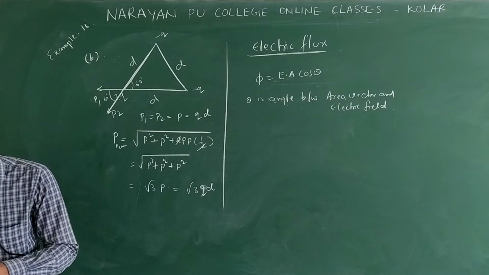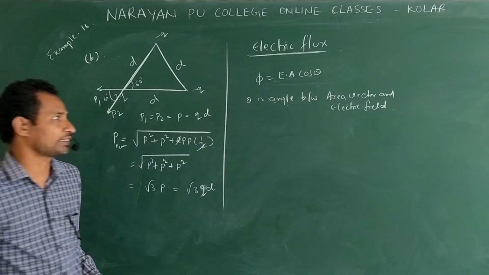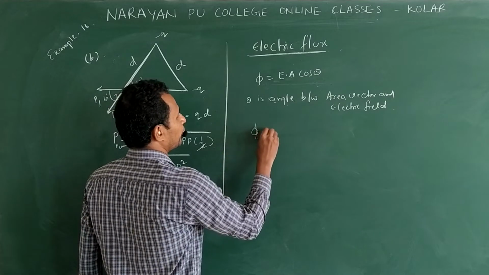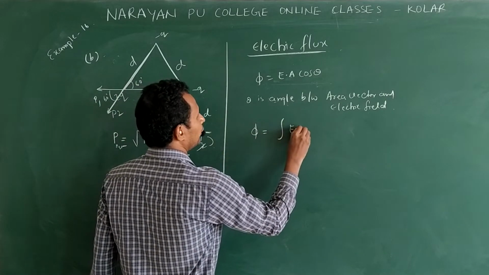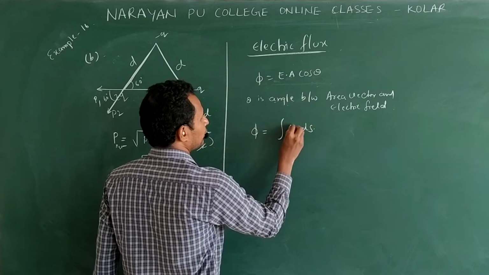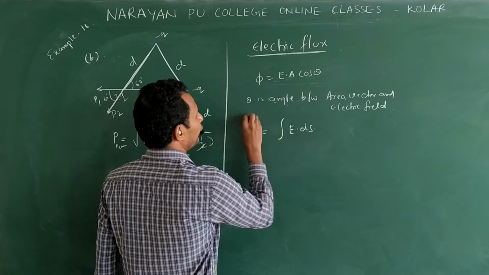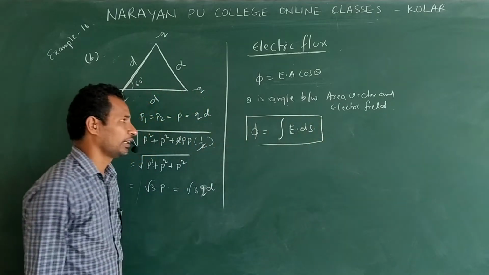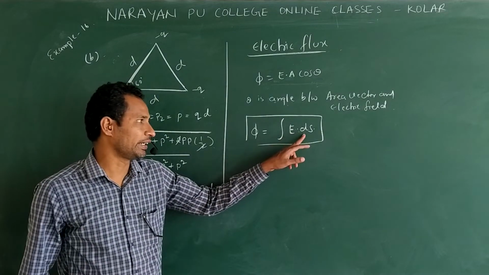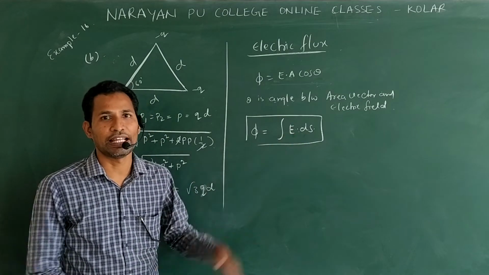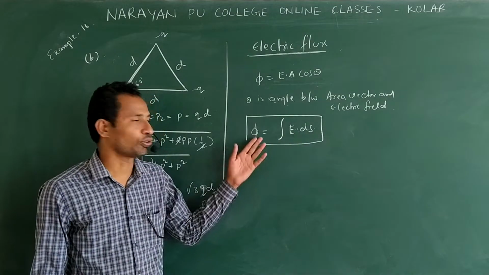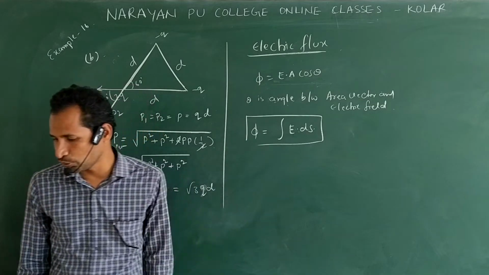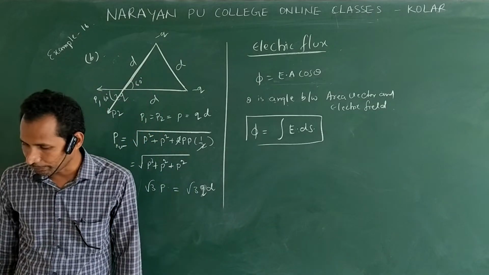In case of a variable electric field, we will take E dot ds. Here we will find small flux through small areas with respect to the field, and we will add them to get the total flux. Once you know integration, you can understand this. Clear?